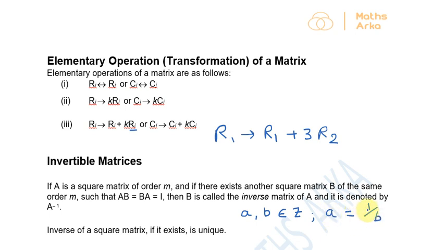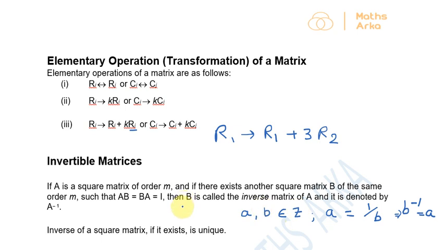Then ab is equal to 1, and since a is 1 upon b, we can write b inverse is equal to a. In a similar sense, A is the inverse of B, and similarly B is the inverse of A. So that is the multiplicative inverse when we use integers.